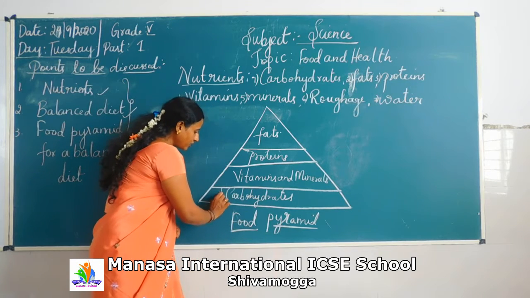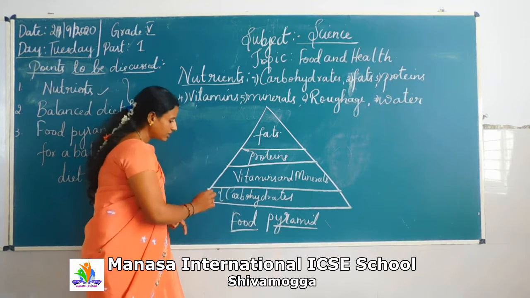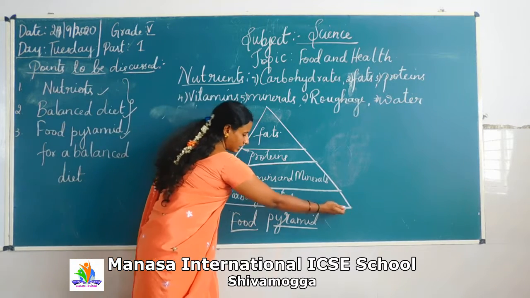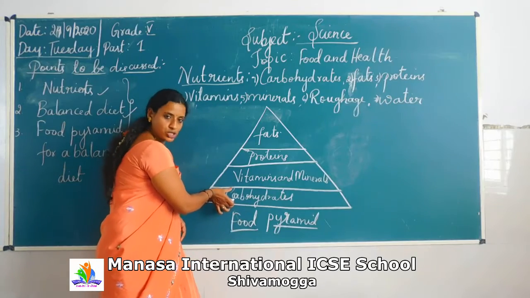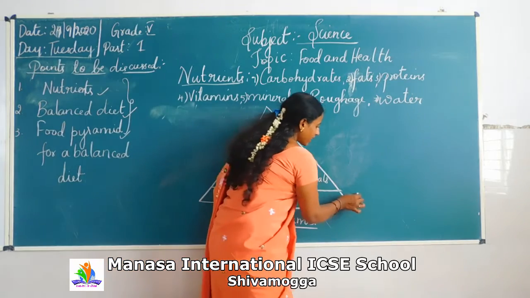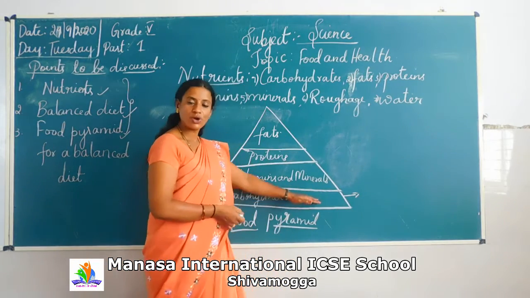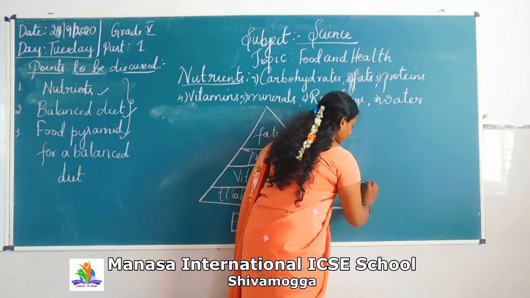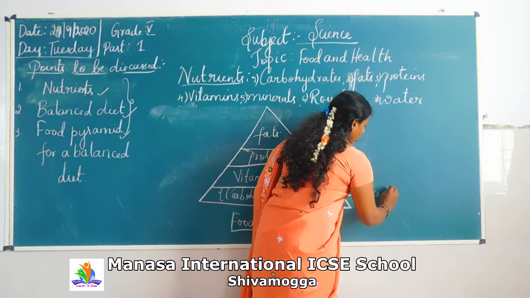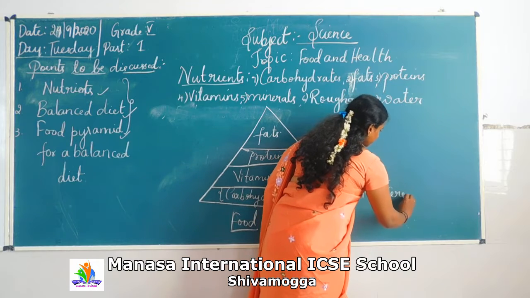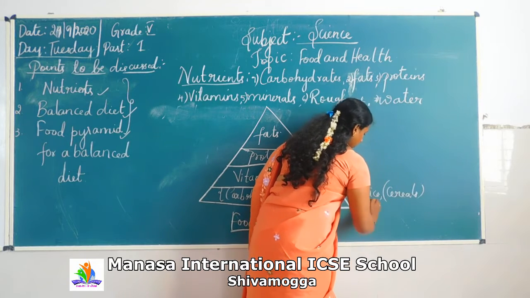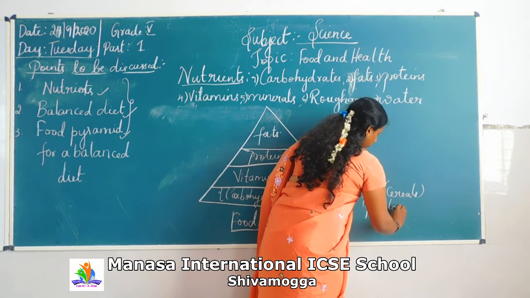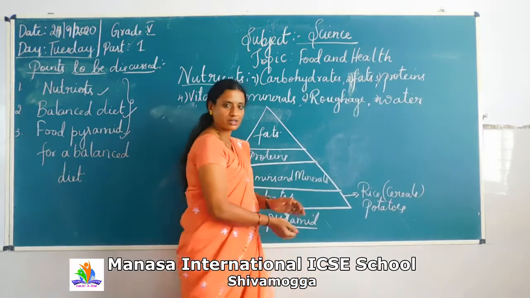The nutrient which is at the base, the quantity is more, the length is more, the width also is more, and this has to be consumed more regularly. An example is rice, that is all the cereals, and potatoes, which are rich in starch.